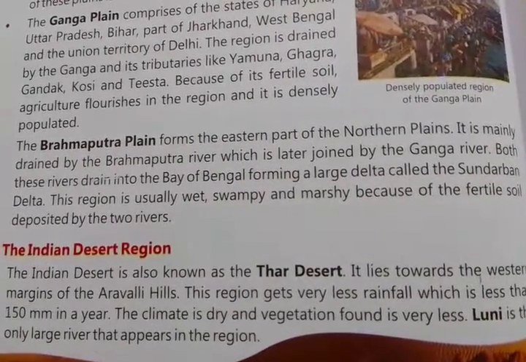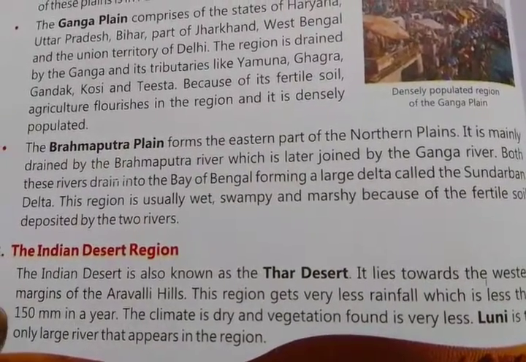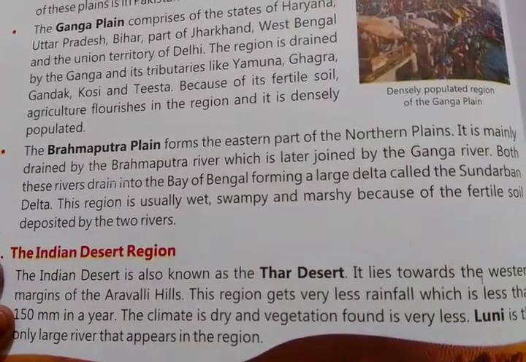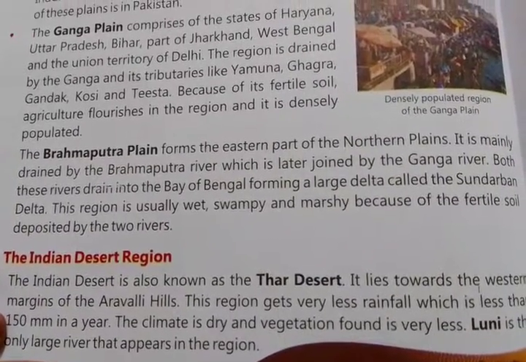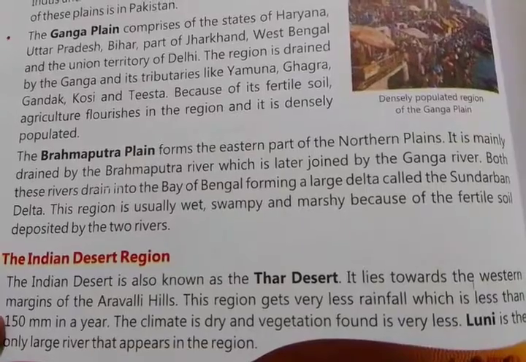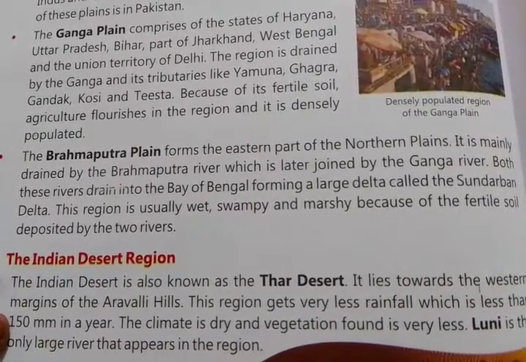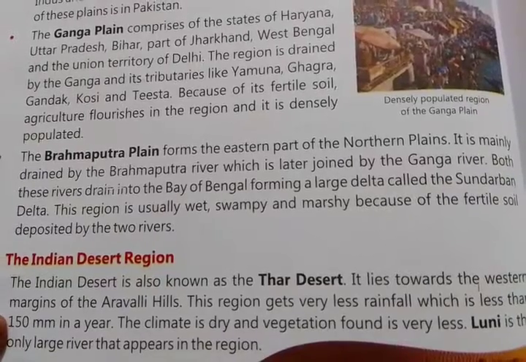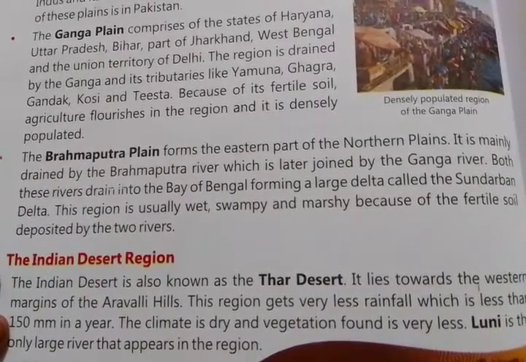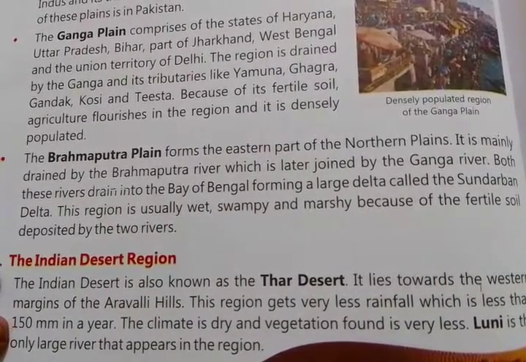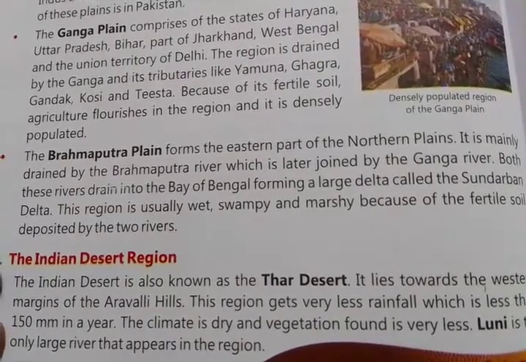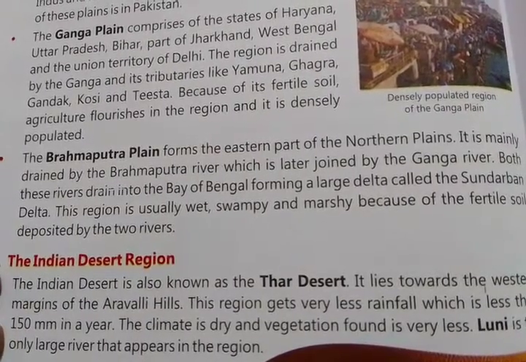Because of its fertile soil, as I told you before, the alluvial silts which are deposited by the side of the rivers, this part becomes very fertile. The soil of this region becomes very fertile, which is very good for agricultural production.